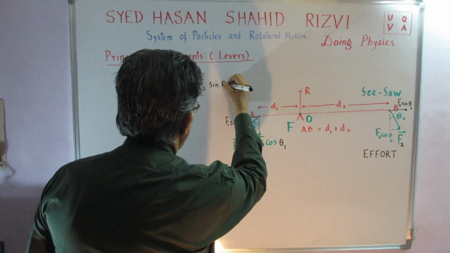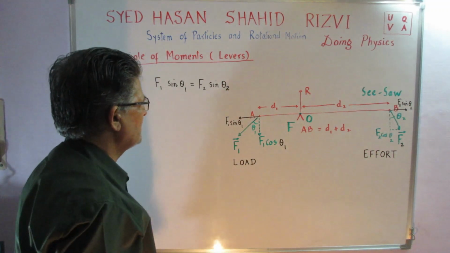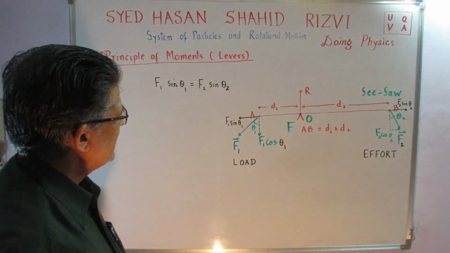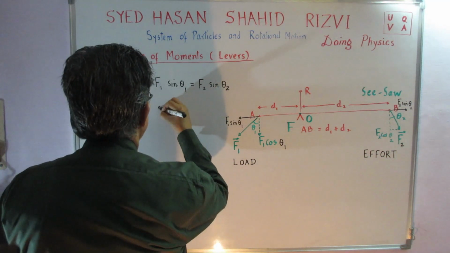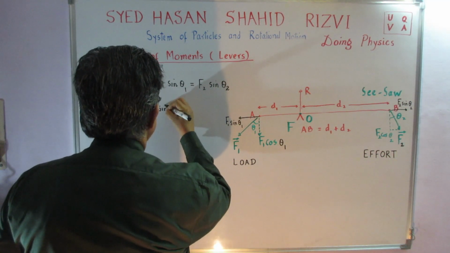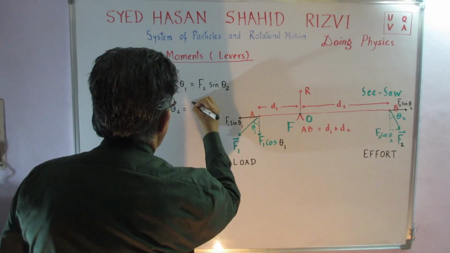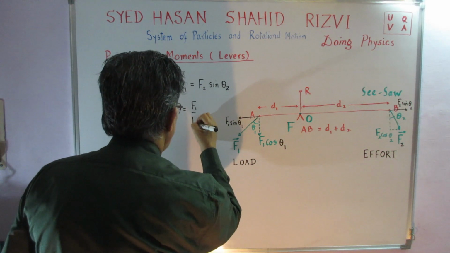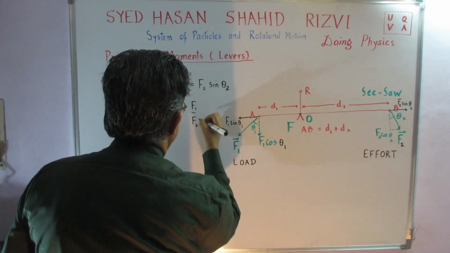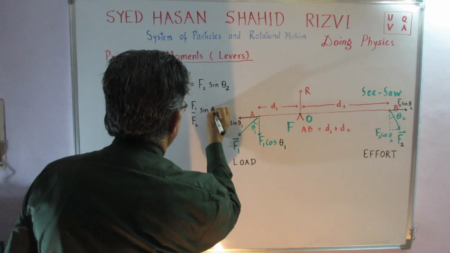So the effort has to be such that theta 2 will be determined by this, and I can write that sine of theta 2 becomes equal to F1 upon F2, which is the mechanical advantage, multiplied by sine of theta 1.